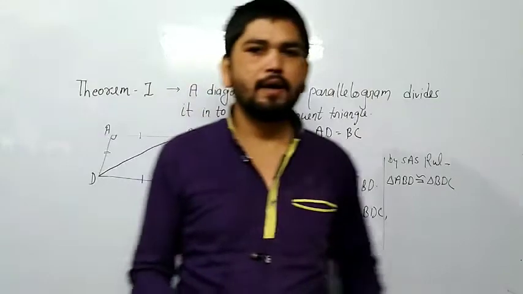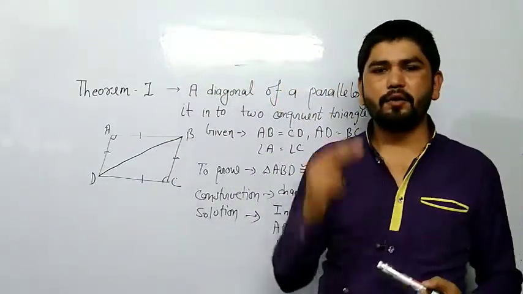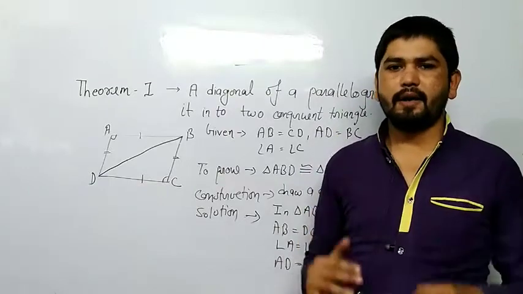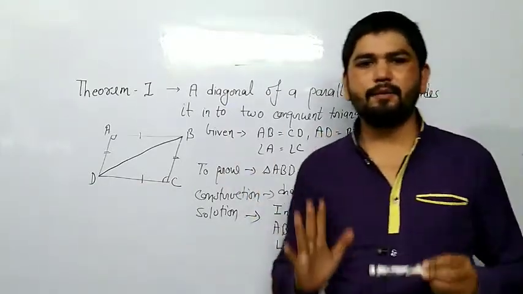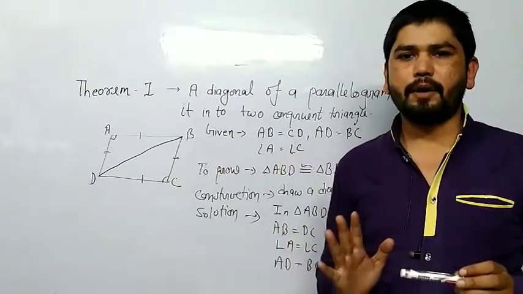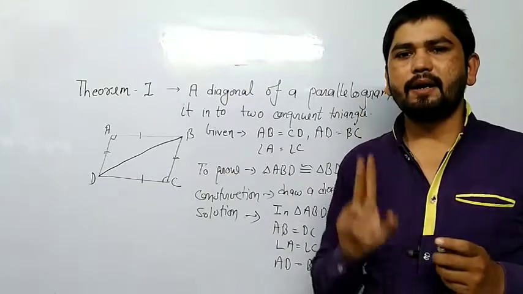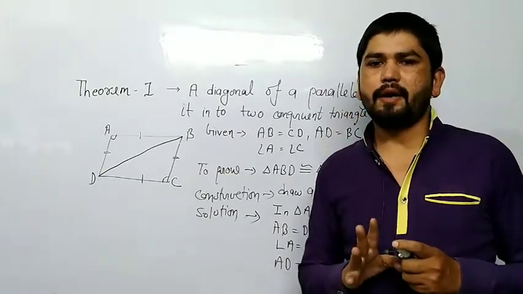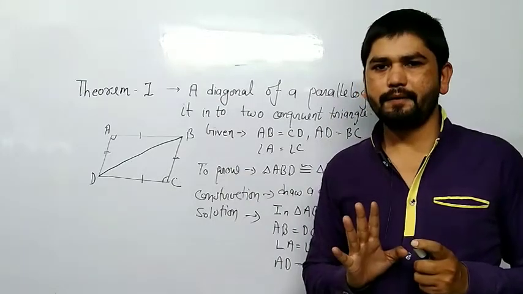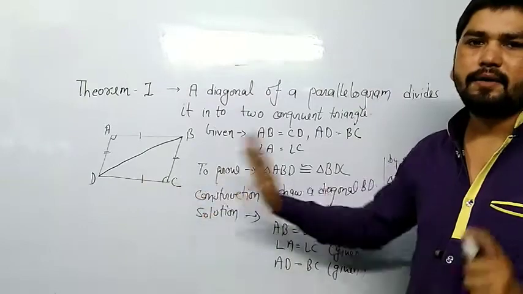It means a diagonal of a parallelogram divides it into two congruent triangles. Okay guys, this is the first theorem of parallelogram. In a parallelogram, a diagonal divides it into two congruent triangles. Got it? You can see here, this is by SAS rule.